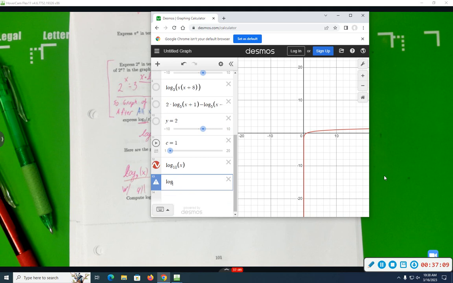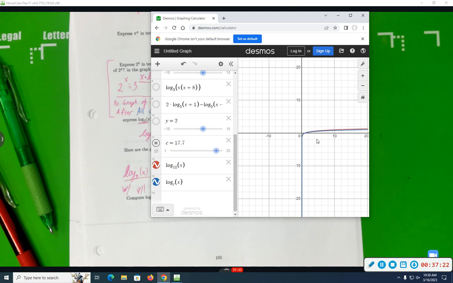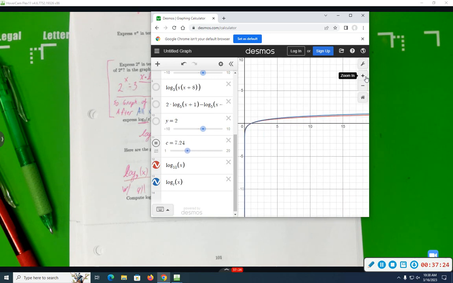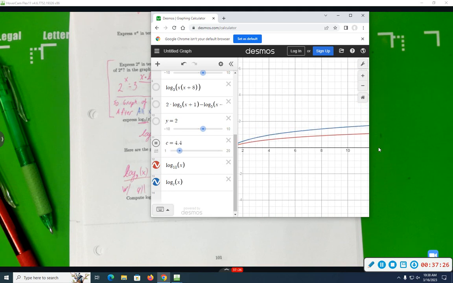Let's also graph the log base c of x. All right, does that seem to satisfy? As that parameter c changes, do all these graphs look the same, but compressed or stretched by some factor? Yeah. That's the point that I was trying to get across here.